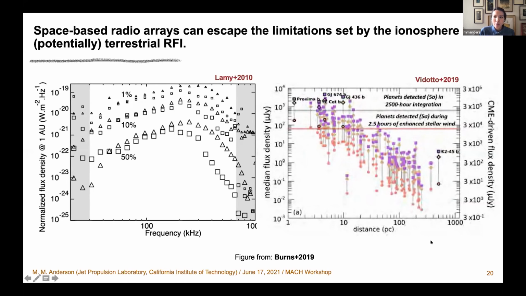I'm showing here a sample of exoplanets and their expected output auroral radio power as a function of their median flux density, so normal quiescent conditions, as well as those rare events where we would potentially see coronal mass ejection-driven auroral radio emission. And we can see we have quite a good sample of planets with which to probe for auroral radio emission as a way of directly measuring magnetic field strengths.